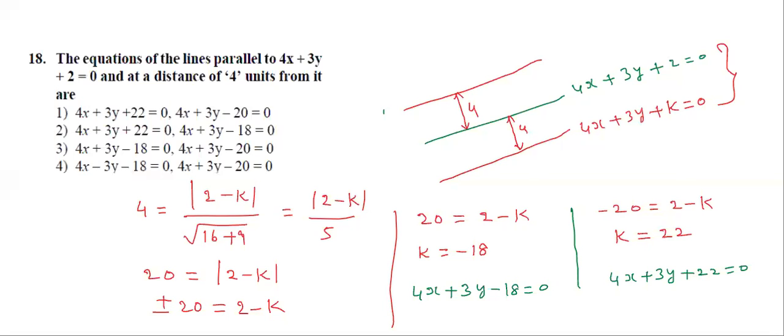See the options. Plus 22 minus 18. Only second option. Students, are you understood how we are finding the equation of straight line, which is parallel to 4x plus 3y plus 2 and distance between the lines 4 units? Okay, I think all of you understood now.